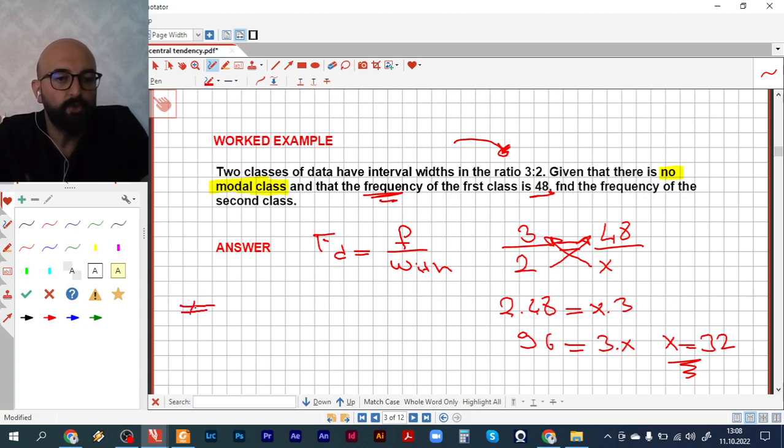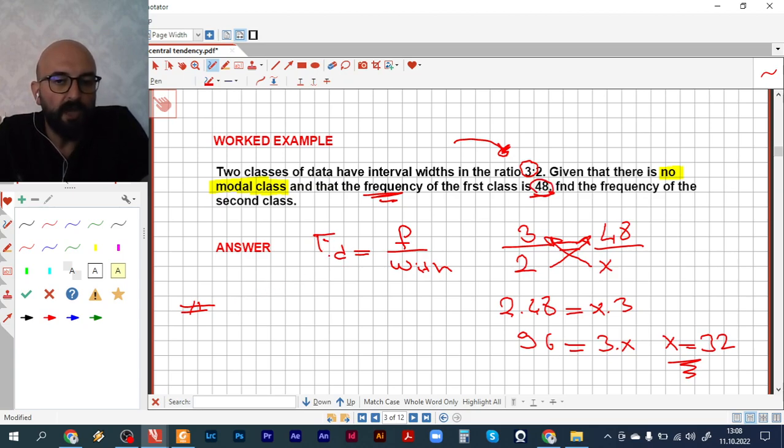Another way you can solve this problem: interval width 3 and frequency 48.